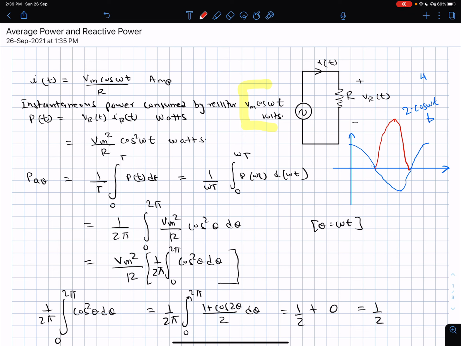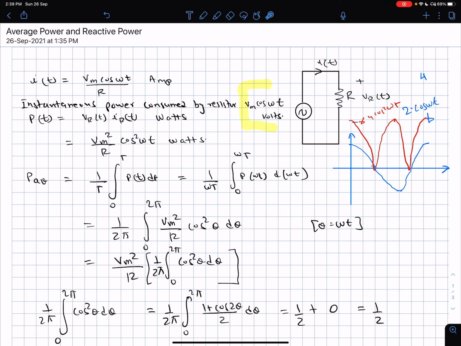The negative will become positive, and similarly on this side it will come to 0, and then here it will again rise like this. So this is the 4 cos square omega t signal, and we see that the instantaneous power is pulsating.